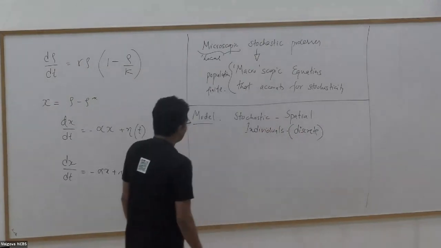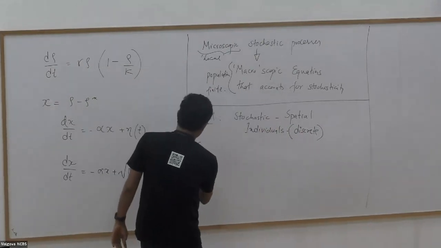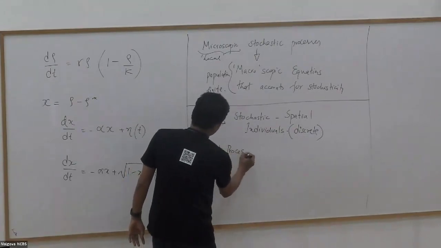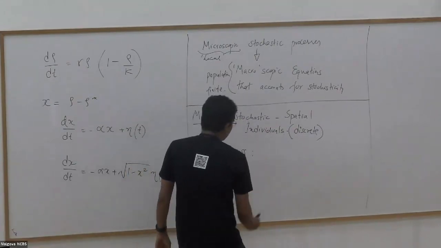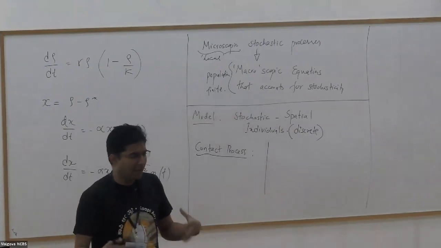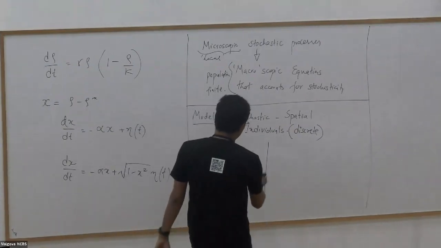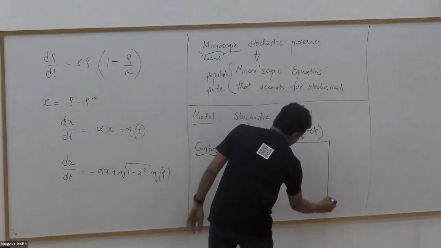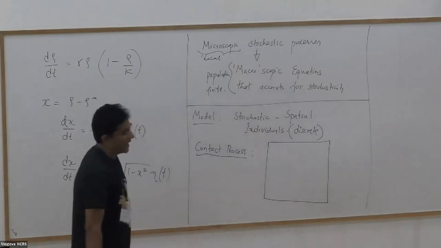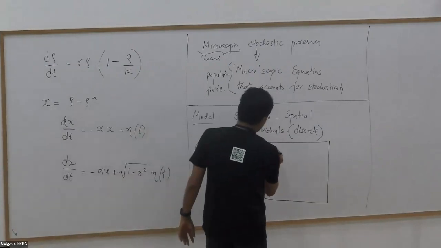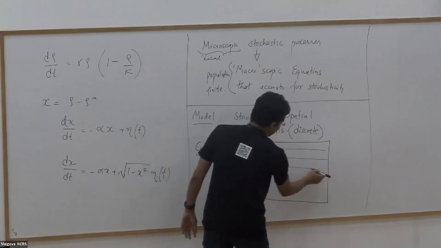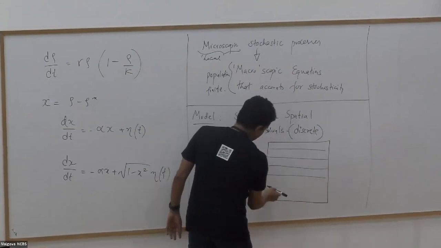Okay, great. So what I will do is introduce a model called the contact process. There are slightly different variants of how you introduce this model, but this is the way I'm going to introduce it. You assume that there is a lattice. The ecological landscape we are interested in can be thought of as a lattice.